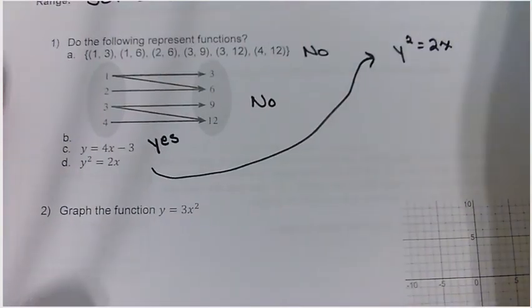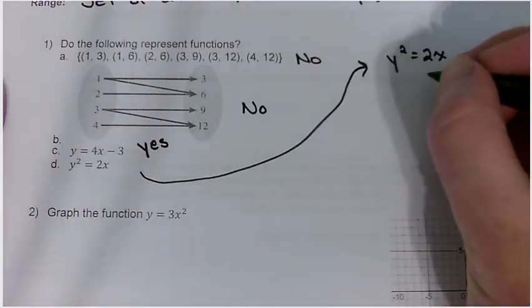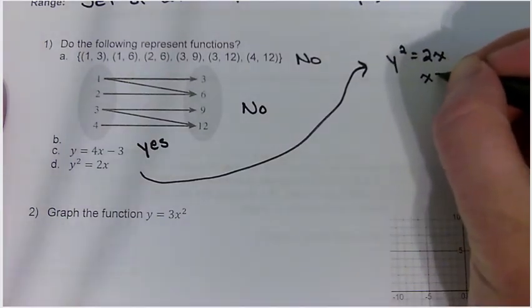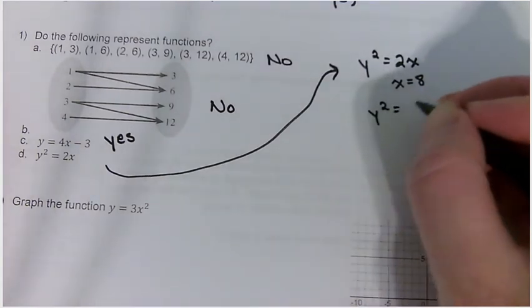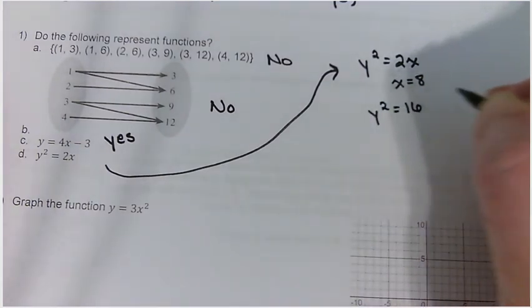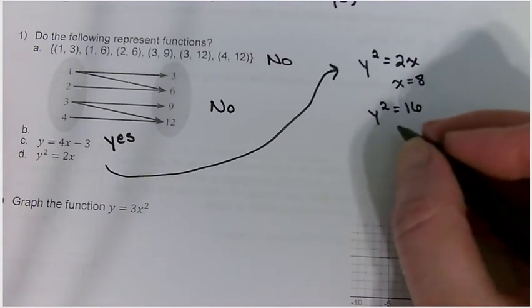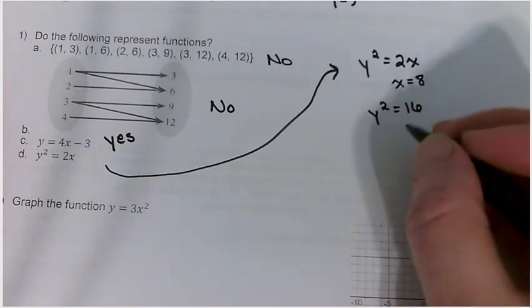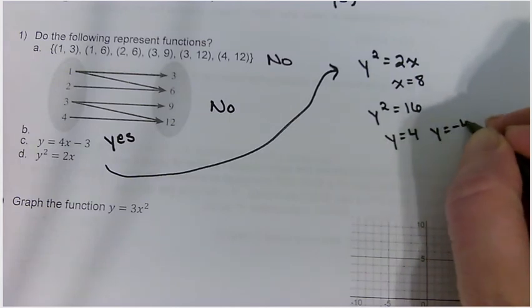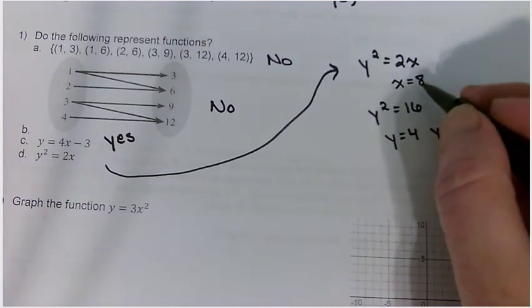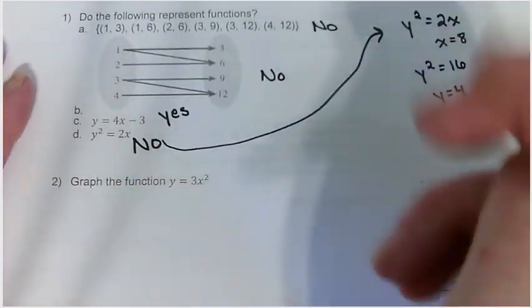If I plug in an x value, I'm just going to plug in 8. I get y squared equals 2 times 8, that's 16. What squared equals 16? Well, that is 4 and negative 4. So for one x value, I'm getting 2 y values. That is not a function.